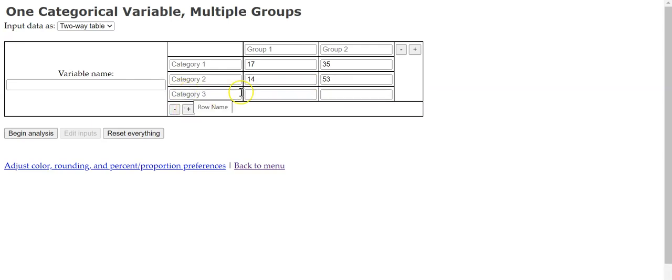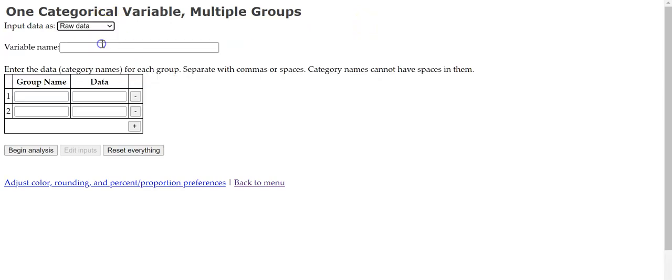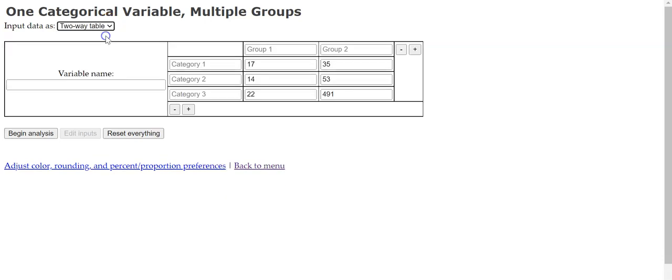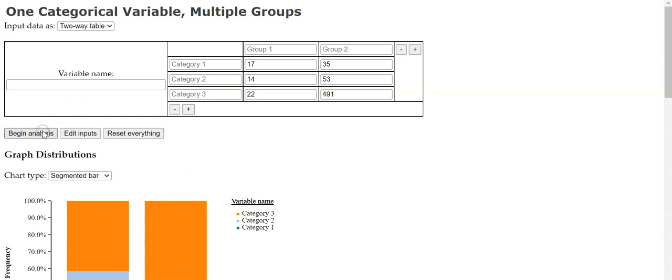We need to add a category, and 22 and 491. Now remember, when you're doing these, we don't need to put in the study and the different groups and everything. We don't have to put all these categories in because we're just crunching the numbers. Make sure this is on a two-way table. I think that's the default when you come here, but if not, make sure you're on a two-way table, right? Then you do begin analysis.